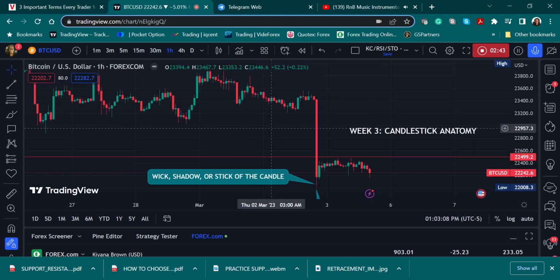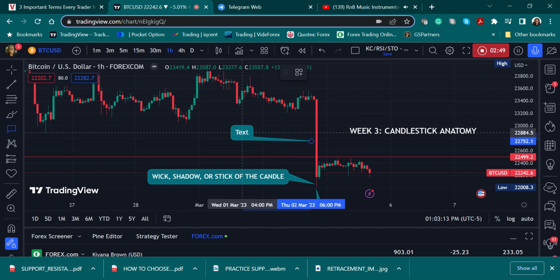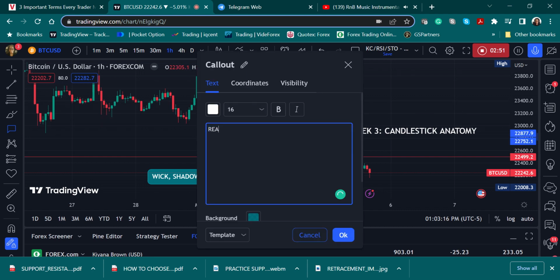And then another call out: this piece from here to here would be considered the real body. The real body represents the price range between the open and the close of the day's trading or an hour. So it represents the time frame. It could be 1 minute, 3 minute, 1 hour, 1 day, 5 day, 1 month, 1 year.